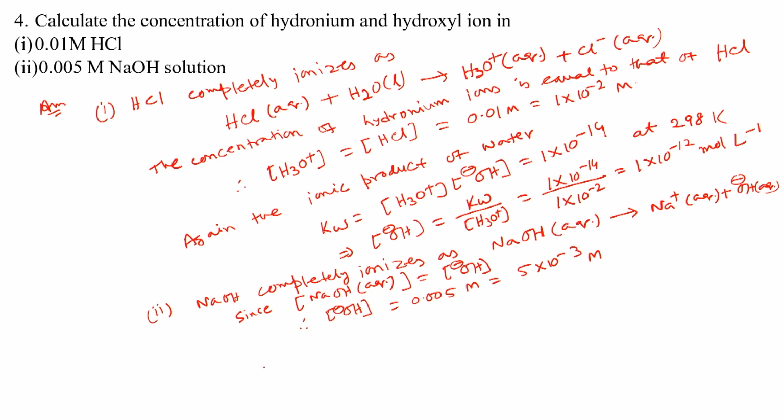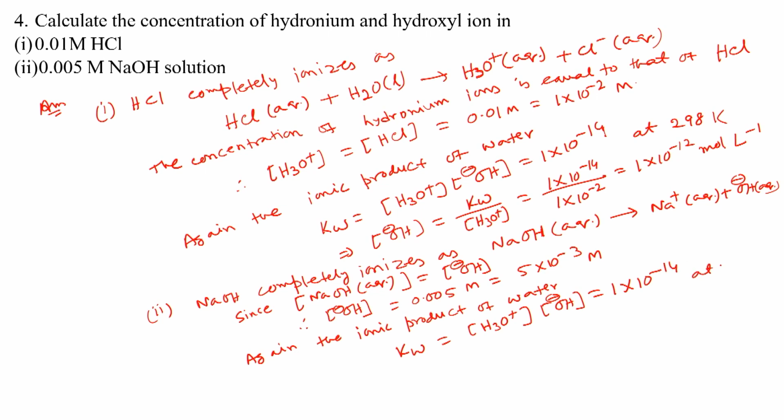Again, we use the ionic product of water. Kw is concentration of H3O plus times concentration of OH minus, and the value is 1 times 10 to the minus 14 at 298 K. So, concentration of H3O plus is 1 times 10 to the minus 14 by concentration of OH minus.